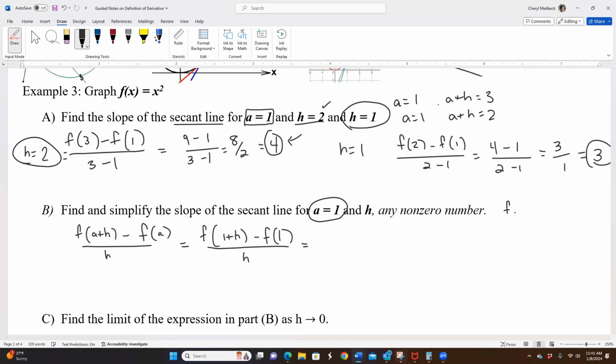Recall our function is f of x equals x squared. So we're going to substitute the 1 plus h into the x squared function and subtract f of 1, put that over h. As we did in our previous video, we have to square this. So we don't get 1 squared plus h squared, we have to FOIL it.